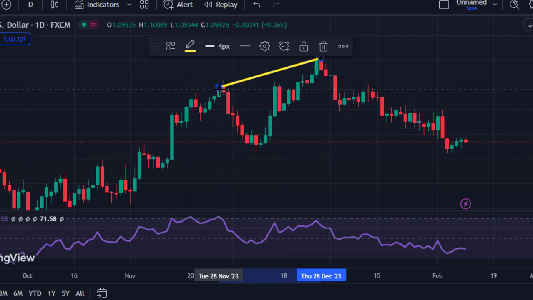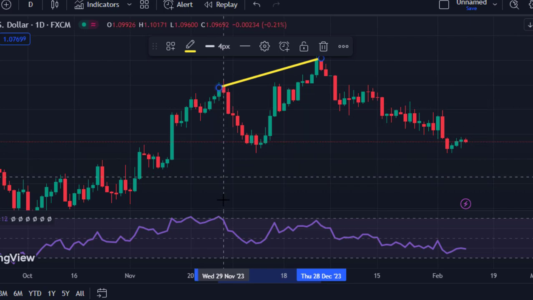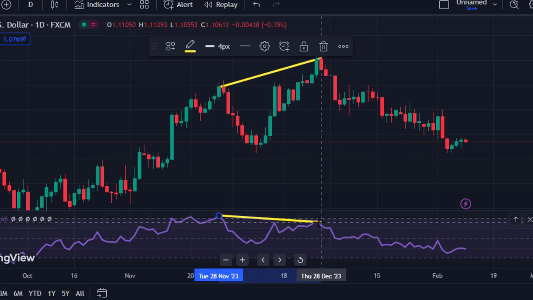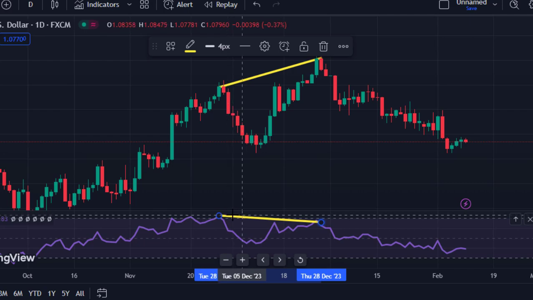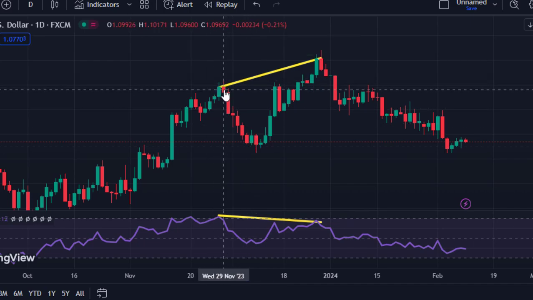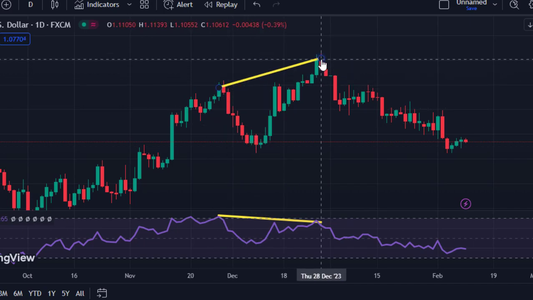If you connect the exact same points on the indicator from this very point to this very area, you discover that the market is creating a lower high. Okay, so the market is coming back down. If you follow the trend line, the market is sloping downward on the indicator, and the market is moving upward on the price chart.